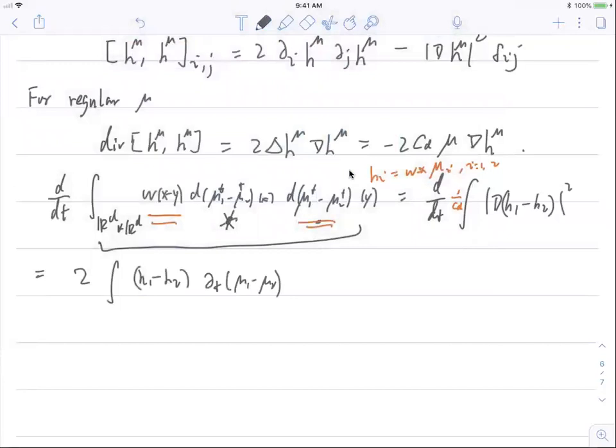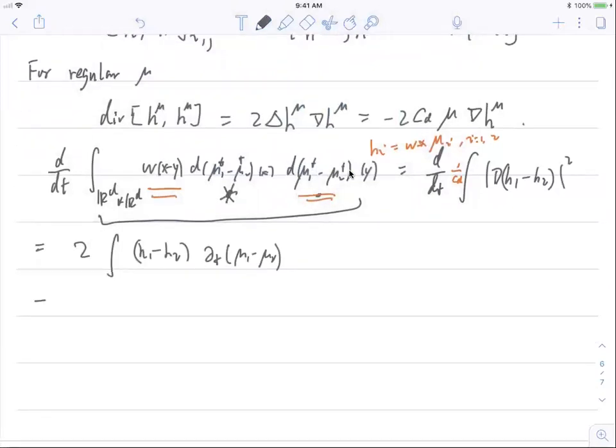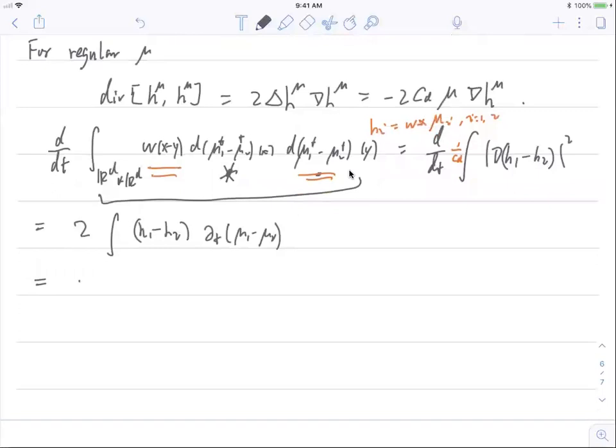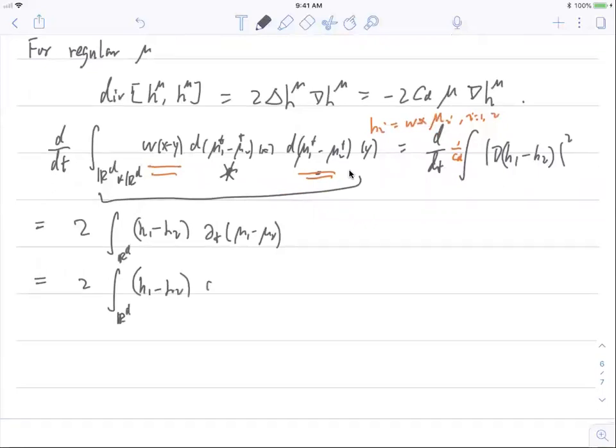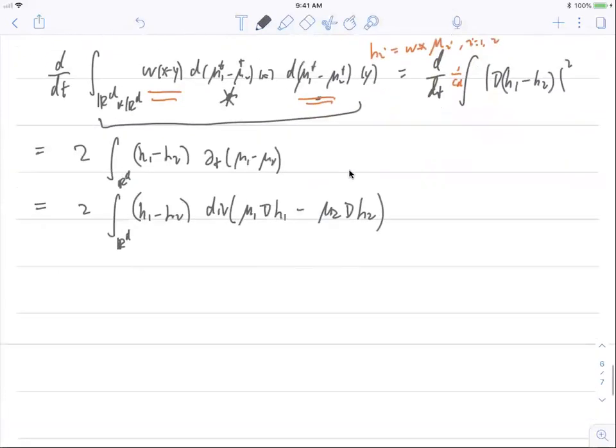Okay, so then we're using the equation, right? So it's h1, divergence of mu1 gradient h1 minus mu2 gradient h2. So here let's do one step of evolution. Sorry, integration by parts, right?